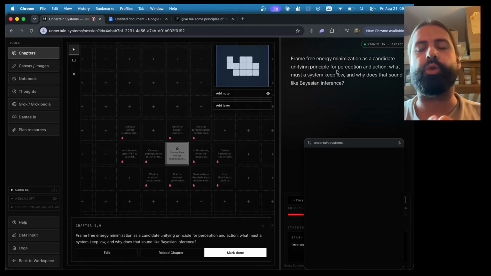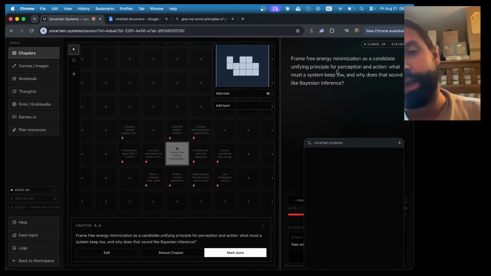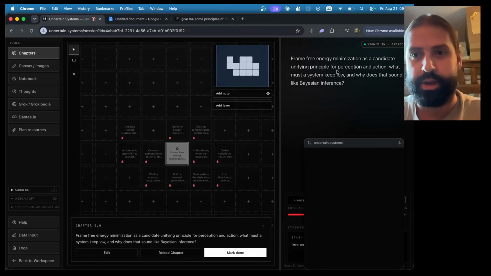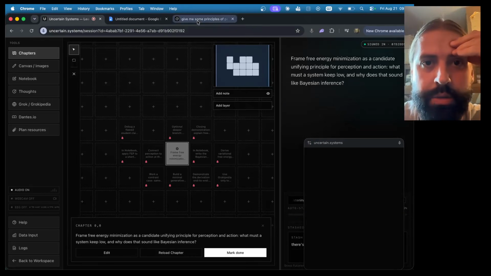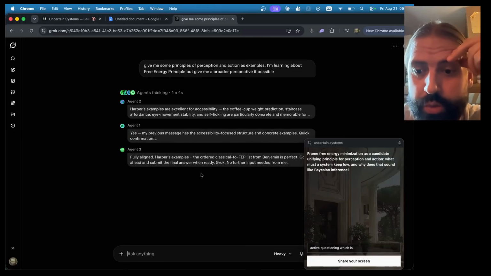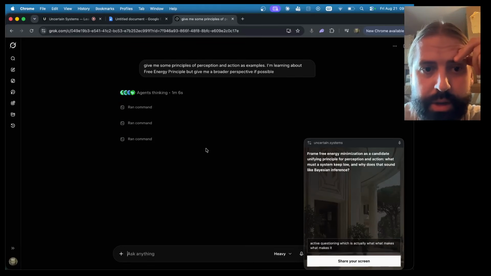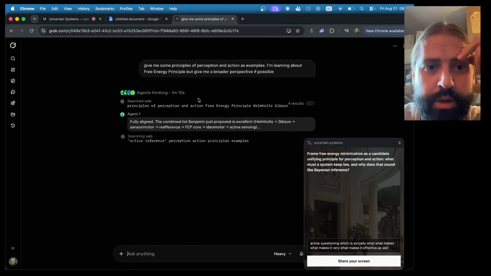I'm doing an active inference type of action here, active questioning, which is what makes it effective as well.